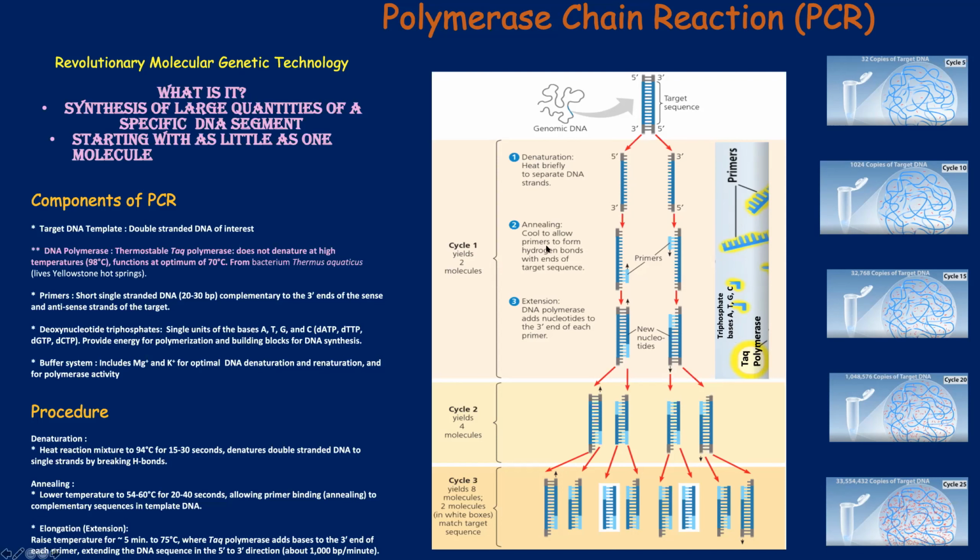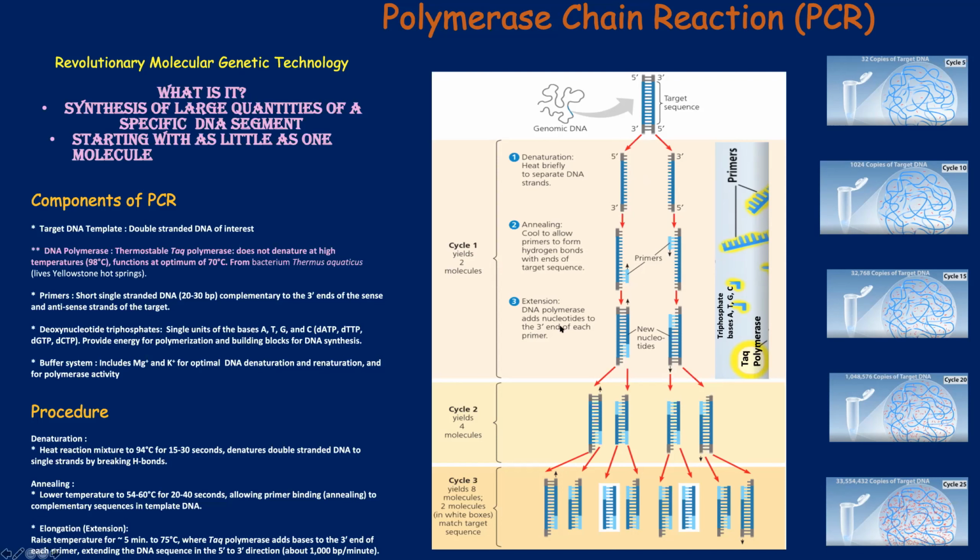Then you cool down to about 50 or 60 degrees. And it takes just a few seconds at the high temperature and another few seconds at a lower temperature so that the primers, these guys, can anneal to their target sequences at the ends of the target DNA.